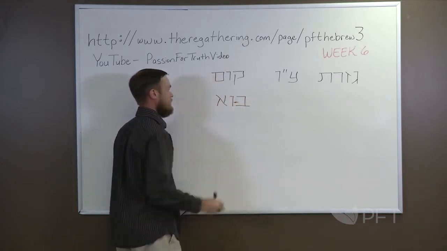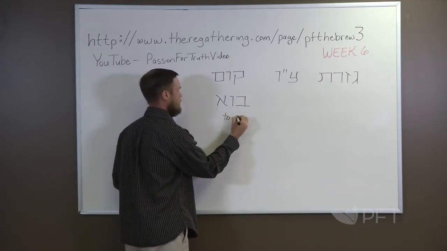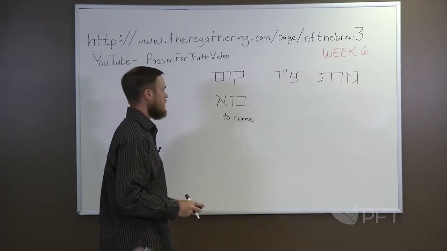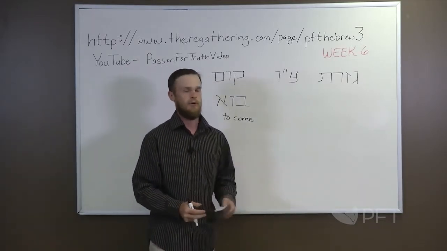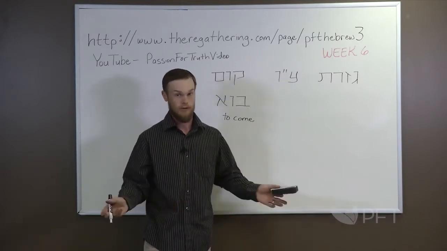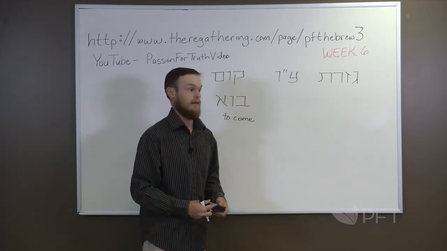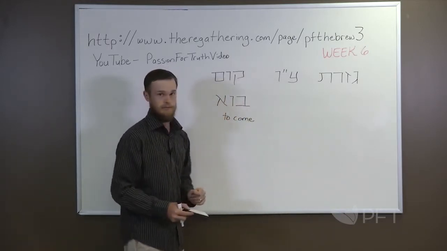Beit Vav Alef, which means to come. Beit Vav Alef means to come. Now, how does this follow both conjugation patterns? Because the vowels and things are different between Lamed Aleph and Ayin Vav. Well, it follows the basic pattern of Ayin Vav.